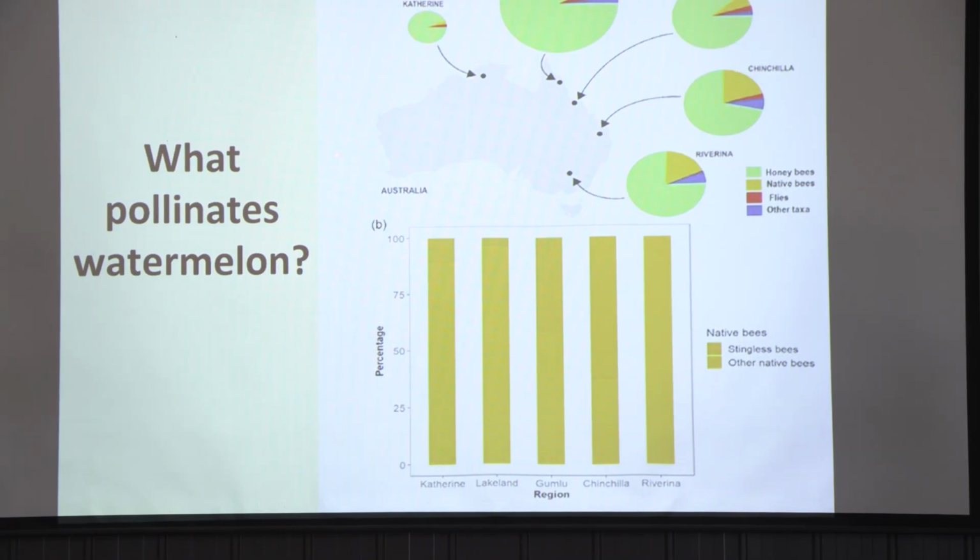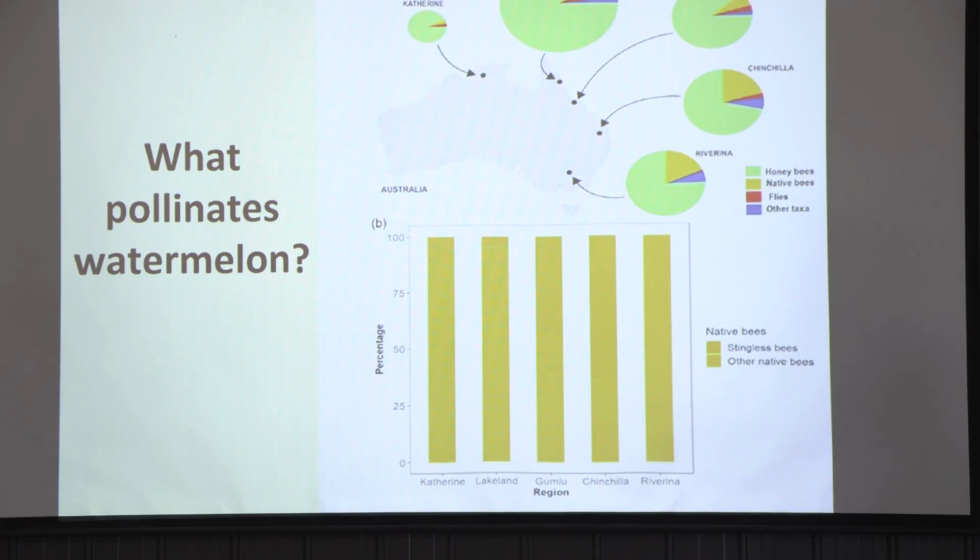So just showing what pollinates watermelon, some research has been done by folks from Western Sydney University all over Australia, showing that it's mainly honeybees everywhere. But in some places, significant contributions come from other insects, and native bees, both in Chinchilla, up here in the subtropics, and down here in the temperate areas, make a contribution.